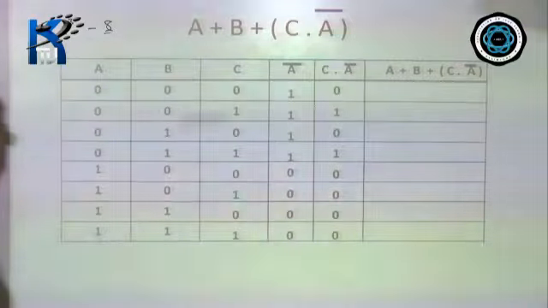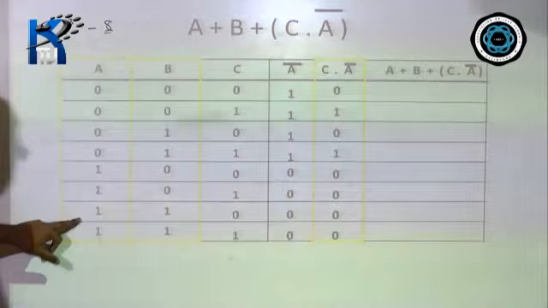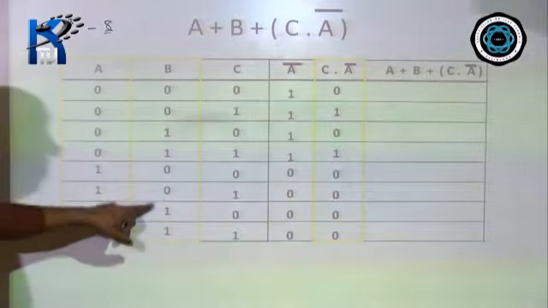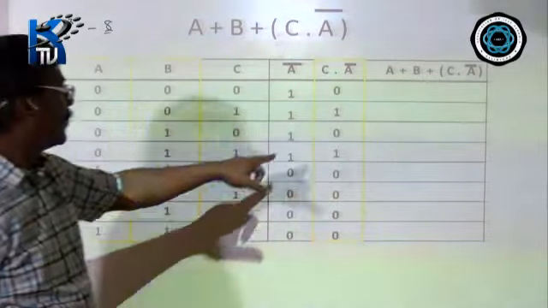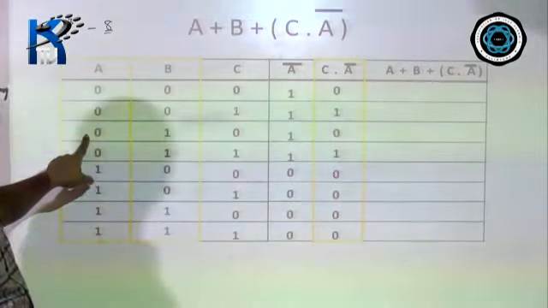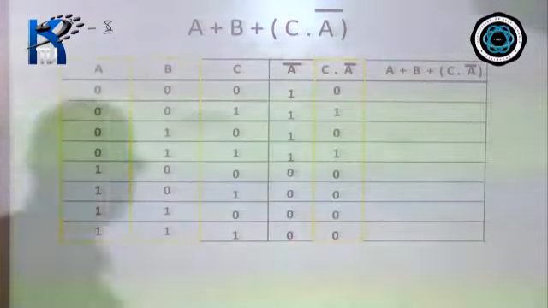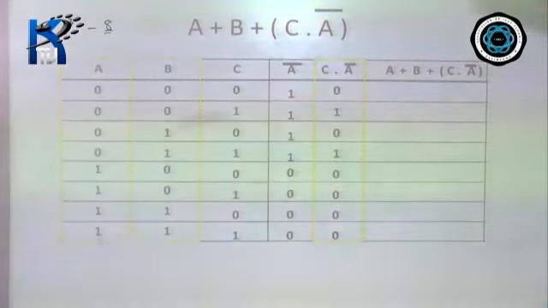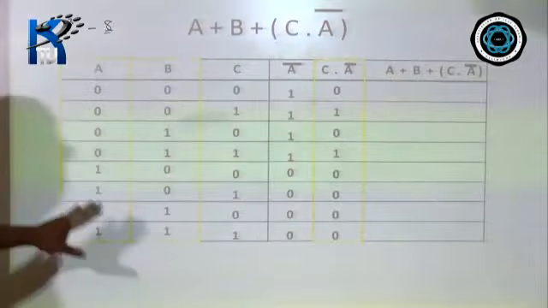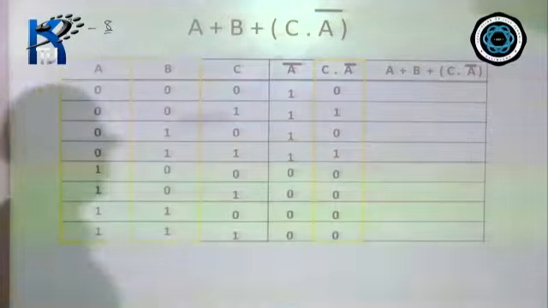Now A is here, A and B, we have got A plus B. So A is in this column, B is in this column. And just now we have solved C dot A complement, so it is here. So these three columns, first, second, and this one, last one. Fine. The middle two we don't need. We need to concentrate on this first, second, and fifth.